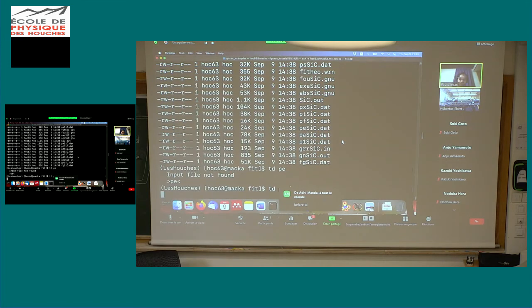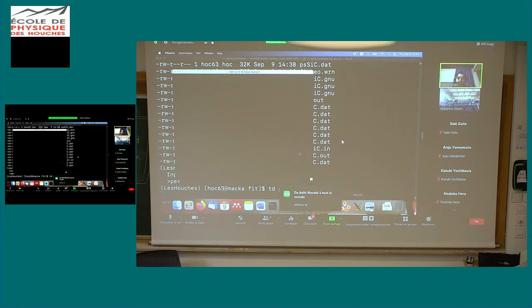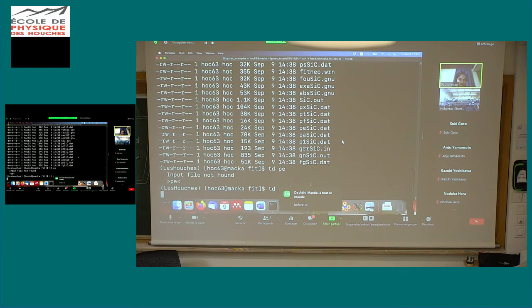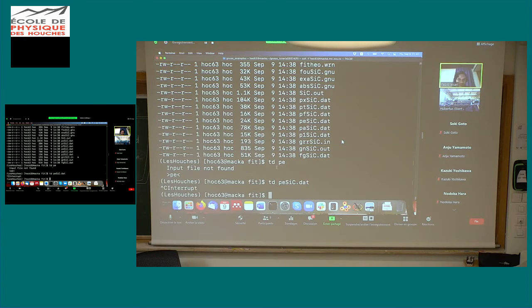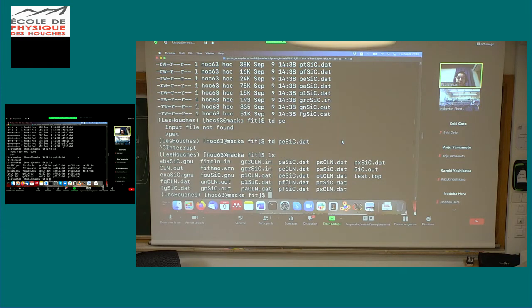Before TD, okay, I will close because I don't think I can. Unfortunately, it takes too much to load from here. So the command before TD was this one.